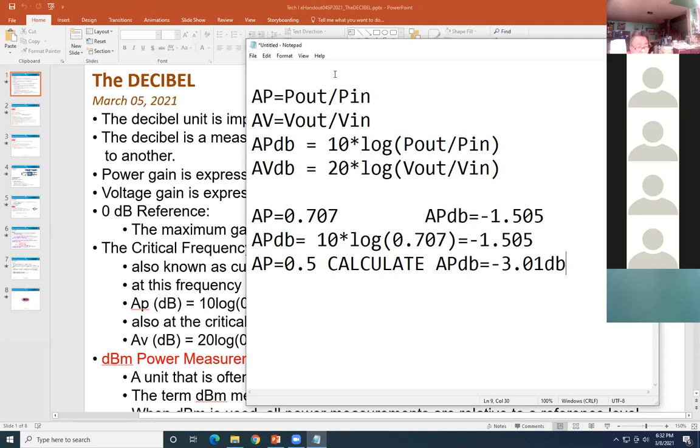If you do not follow it, let me know, okay? Otherwise, it's too late. AP equals 1, sorry. I want AP in dB.